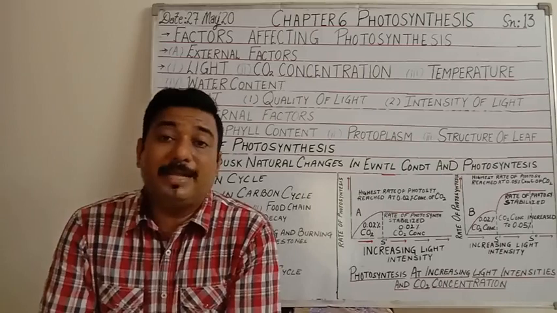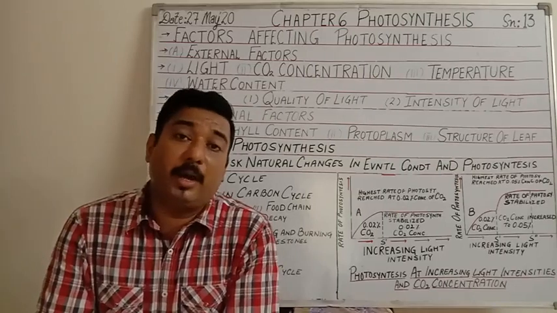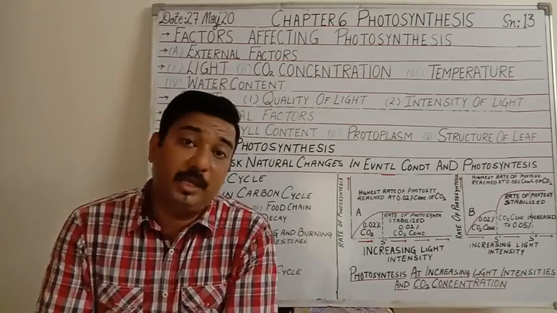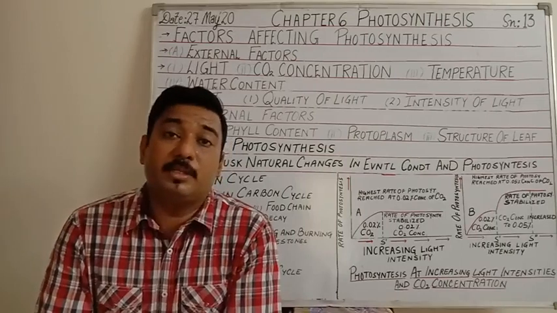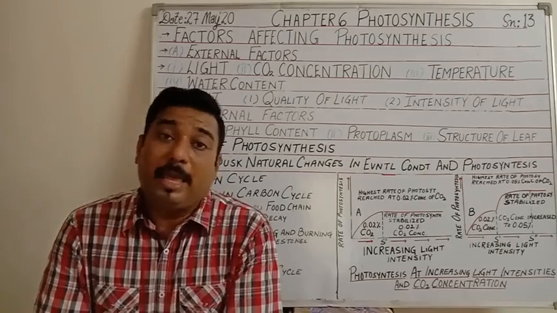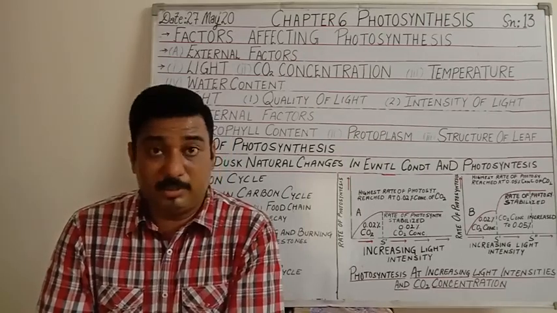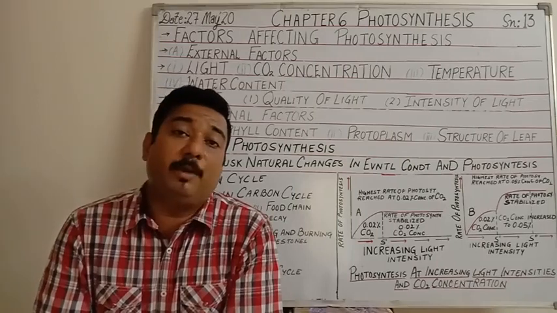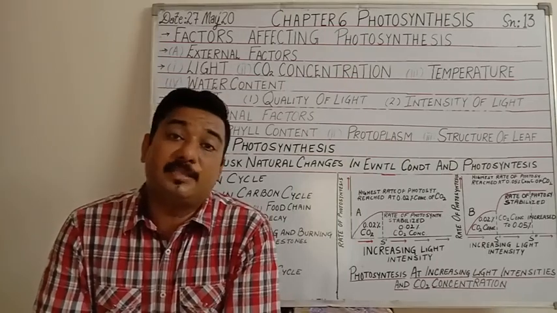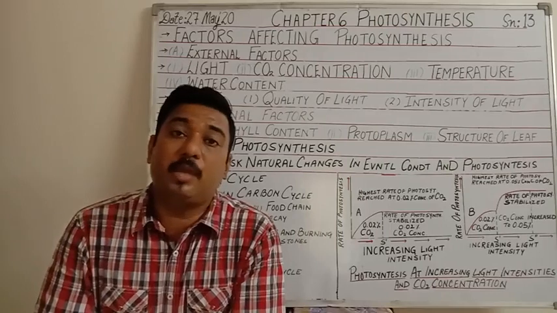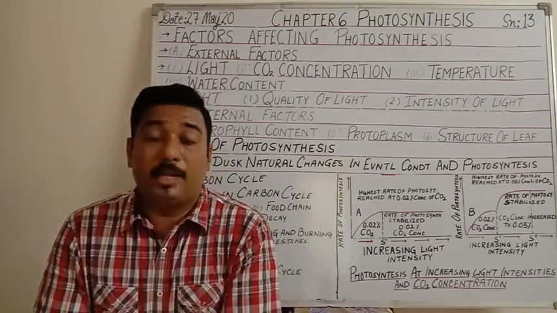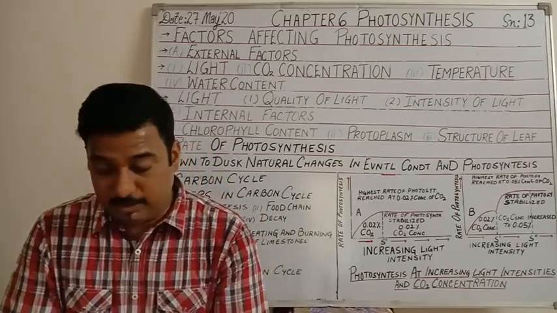We all know that an optimum temperature is required for the best activity of the enzymes. As we all know, photosynthesis is a biochemical as well as a physiological process. When I use the term biochemical, it means various types of enzymes are utilized to carry out the biological functions of photosynthesis.